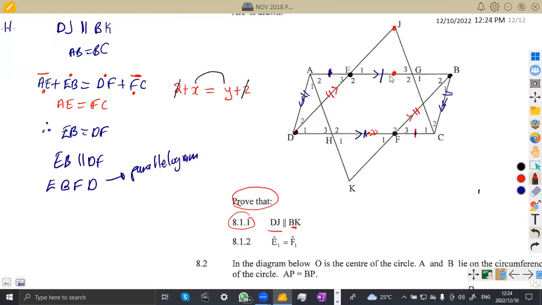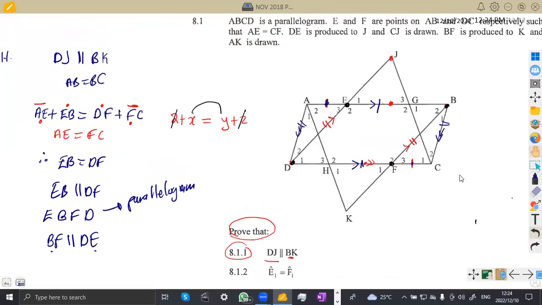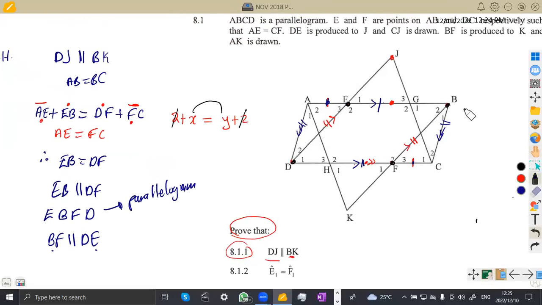So if it is a parallelogram that we have, already we are given that these two sides are parallel, BF and DE. BF there is already parallel to DE. BF being parallel to DE simply means the same thing that we have from B to K is parallel to D to J there.